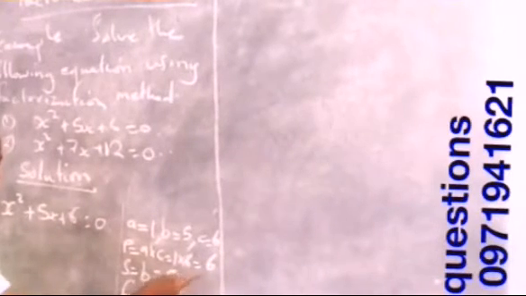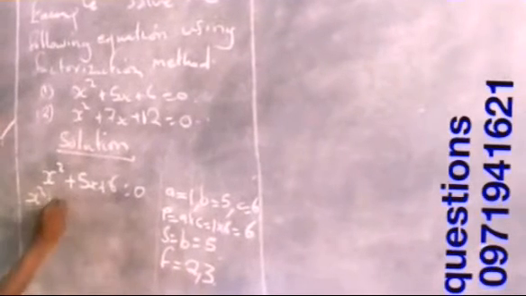What numbers can we multiply to get 6, and when we add them give us 5? We find that the factors are 2 and 3. 2 times 3 is 6. 2 plus 3 is 5. So this is what we are looking for.